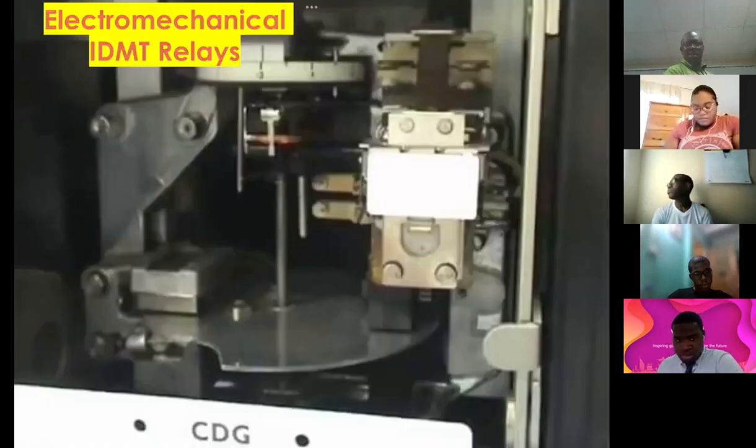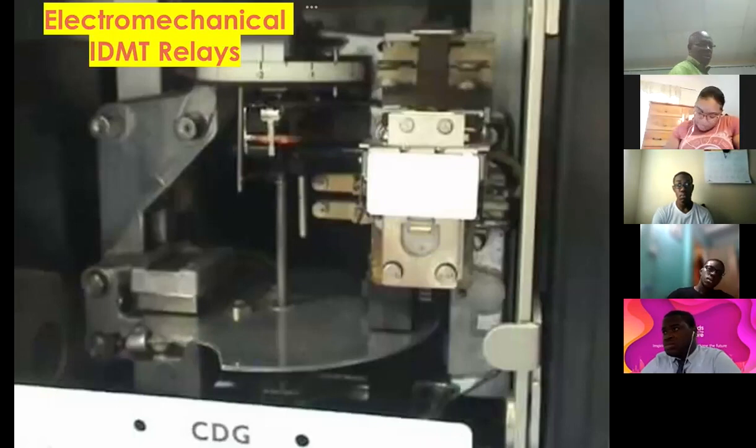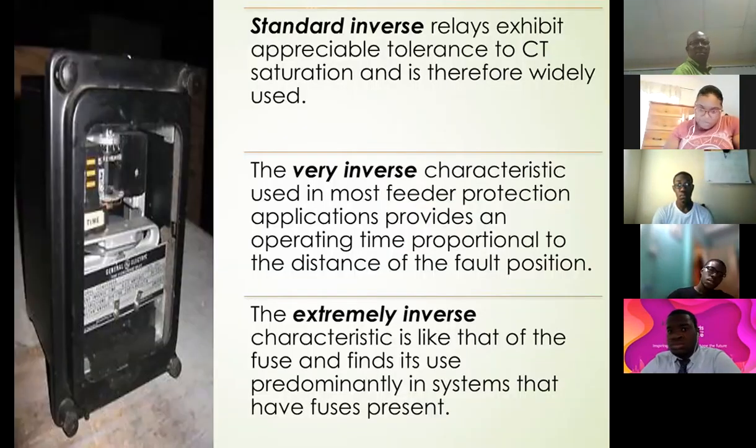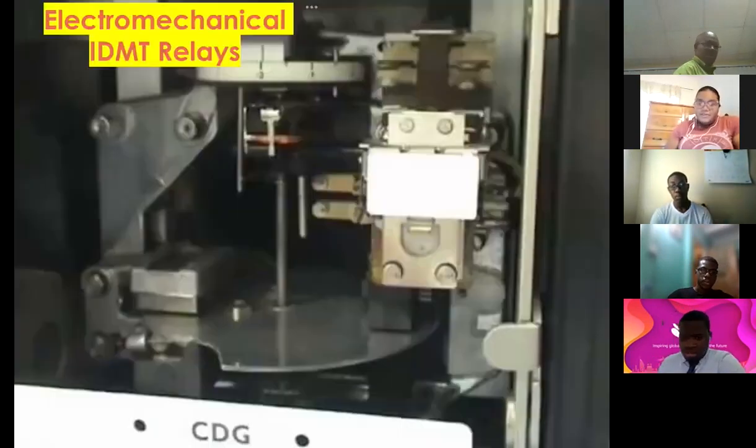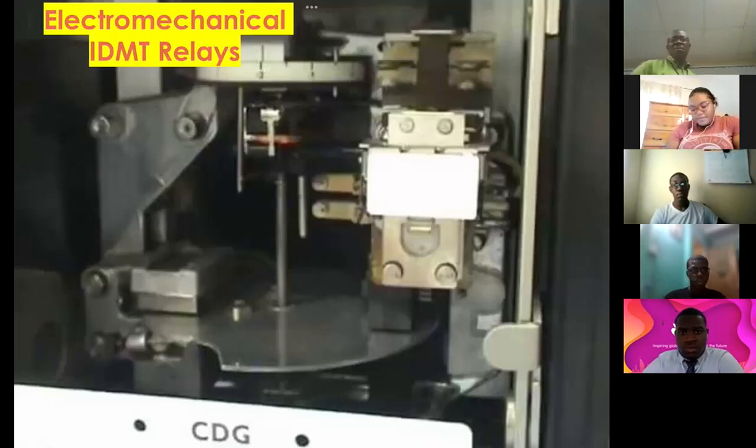So I believe this is by far the best photo I have of your electromechanical relay. All right. So I think this is the best photo I've had so far, even though it's still not that good, but we work with it.